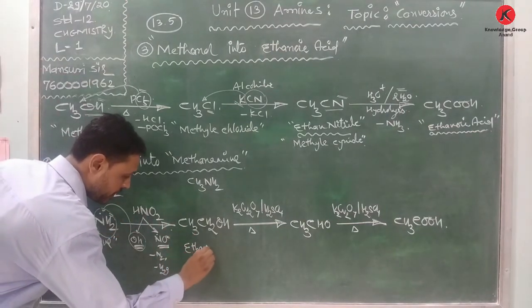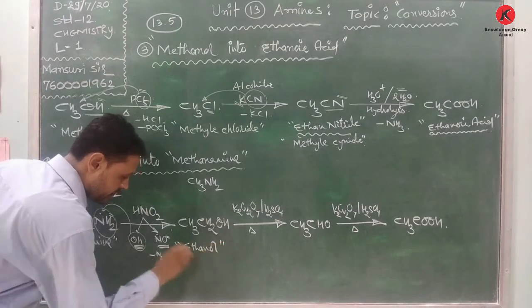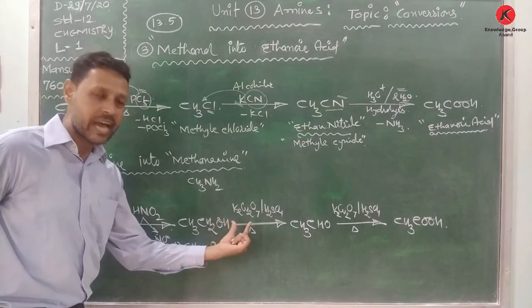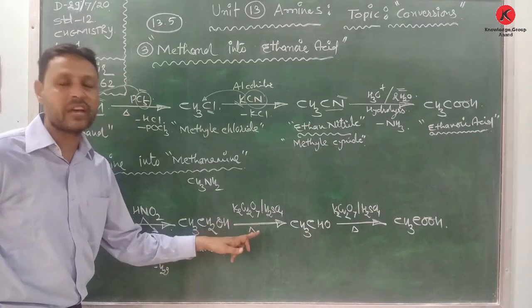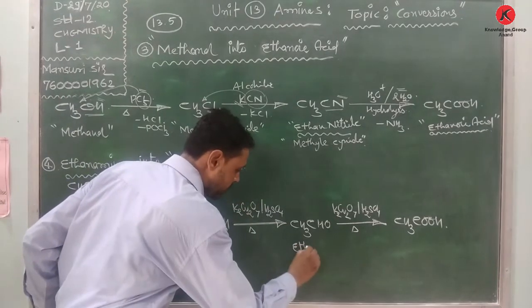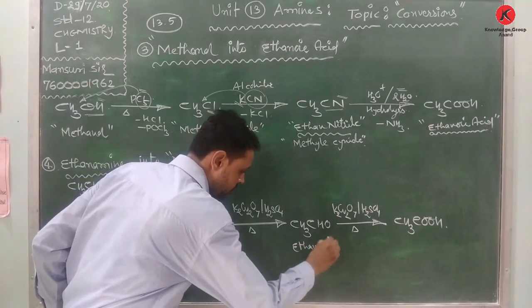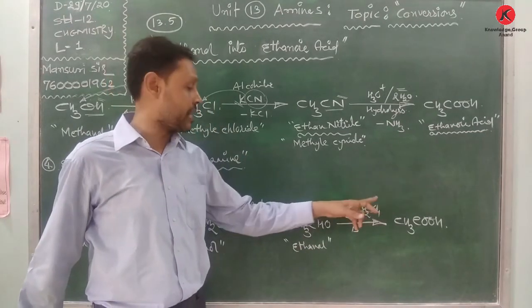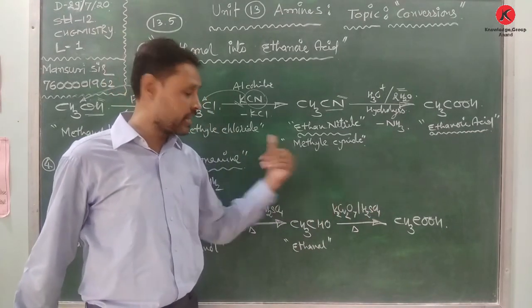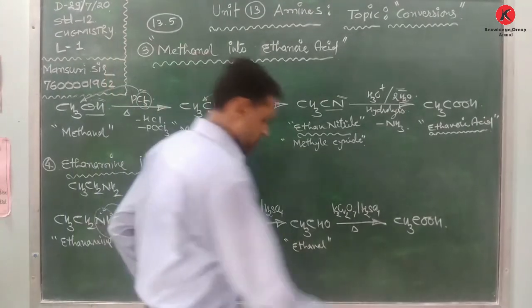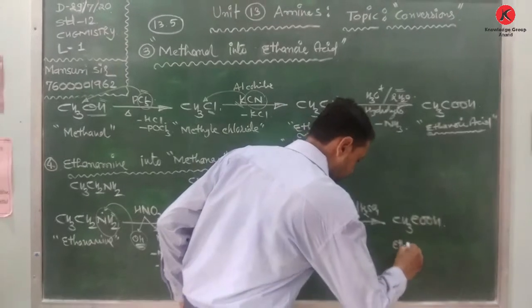Thereafter, ethanol is oxidized by acidic K2Cr2O7 to give ethanal, and with further oxidation, ethanoic acid is formed.